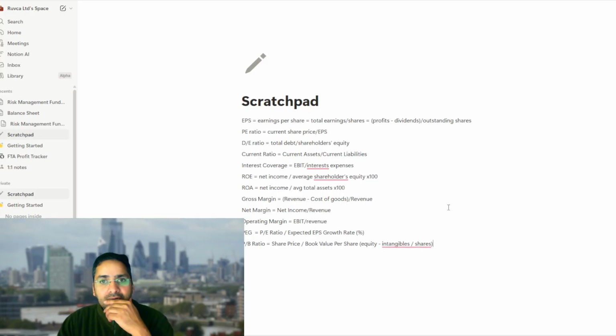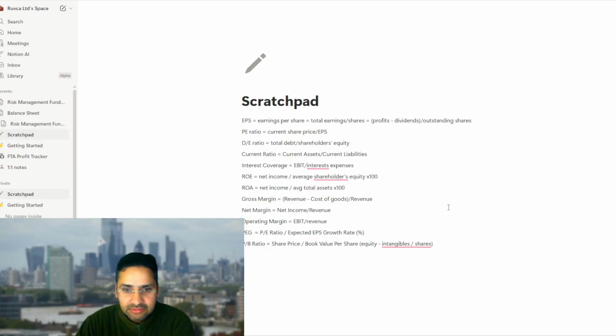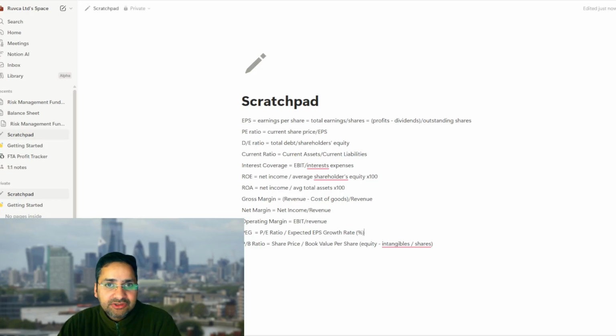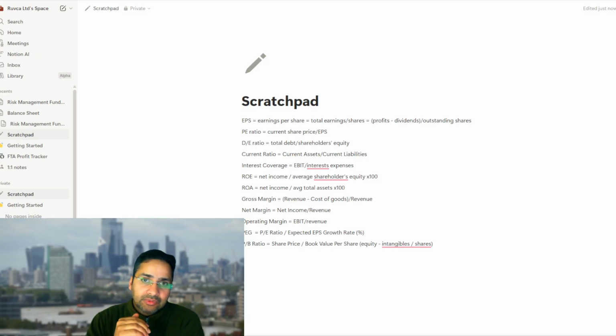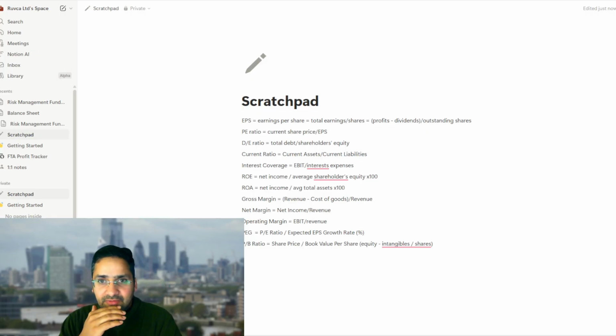Now, what do these mean in terms of risk management? So the PEG ratio of less than 1 means potentially undervalued growth stock.